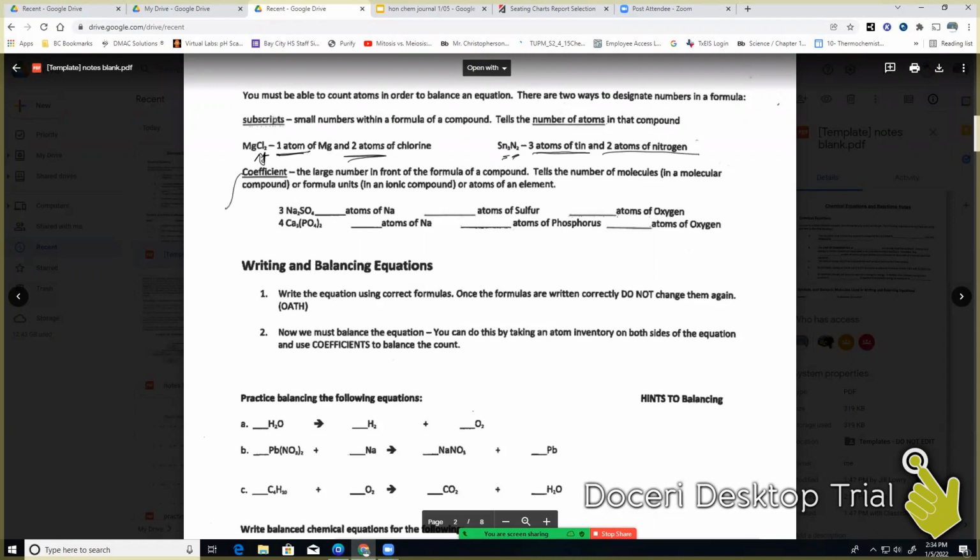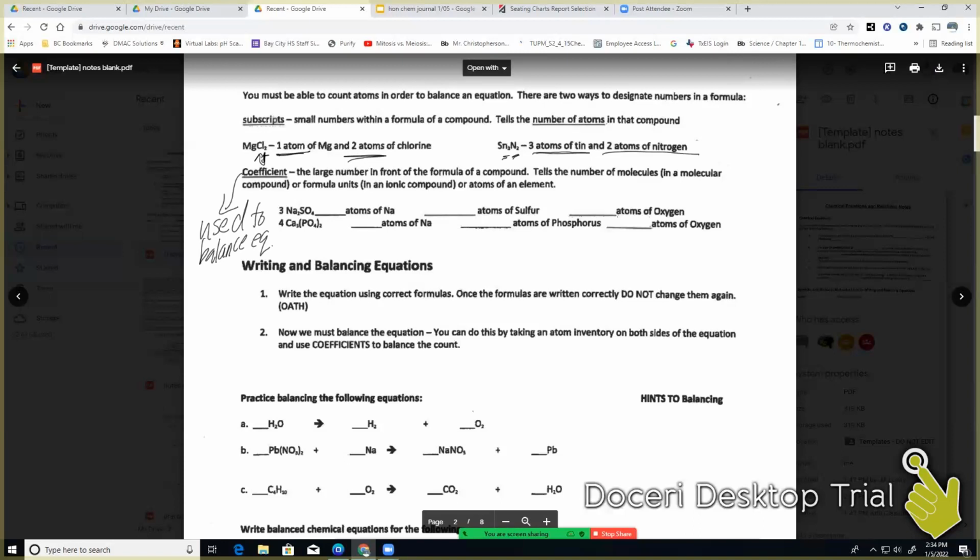So coefficients, that's what we're going to use to balance equations. When we were writing the formulas, which you'll still have to do, we were manipulating subscripts. Now we're not going to change the subscripts to balance. We have to worry about the coefficient. It's a large number in front of a formula or a compound.